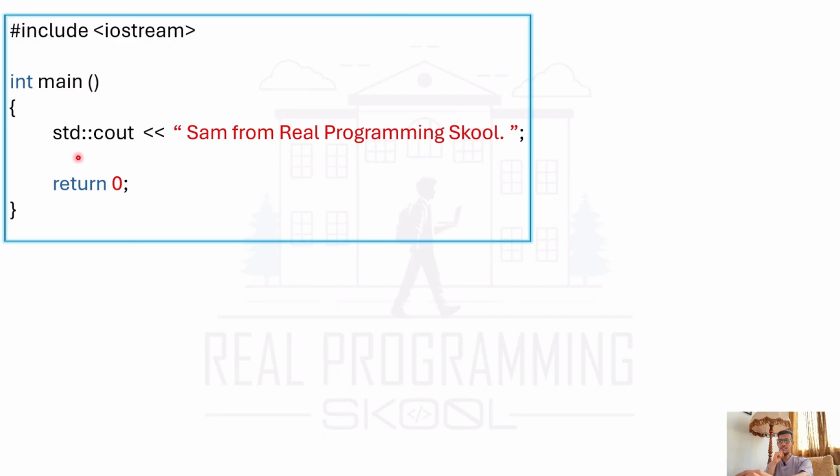All of these things, std colon colon cout and even the less than operators, exist in the iostream library, so we should include iostream to give us permission to use them.